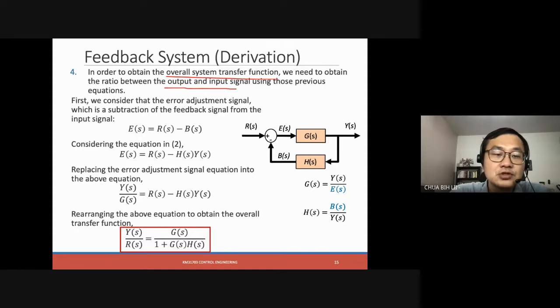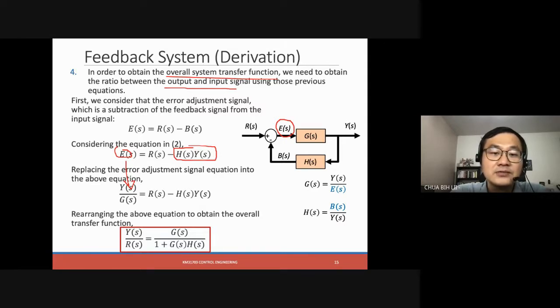First we would have this error, and this is given by R minus B. Using equation number 2 previously, substitute the B as such, and then replace the error actuating signal E with this.